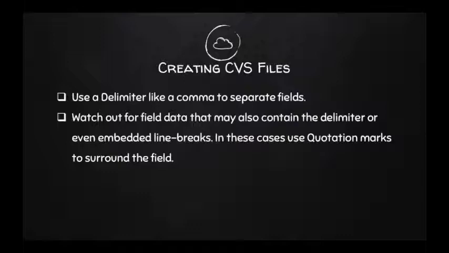But again, you can run into problems if the data in your field actually contains quotation marks. So you may have to either alter the quotation marks inside your data or strip them out or find some rule or some type of tool that will help you create the file or strip the data.